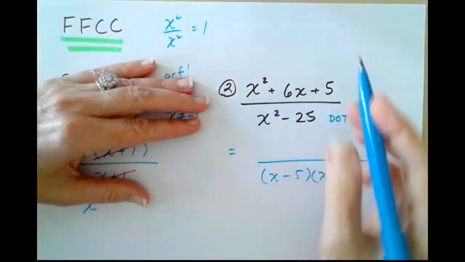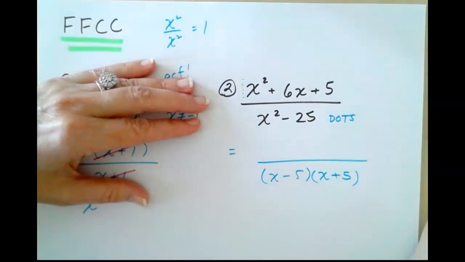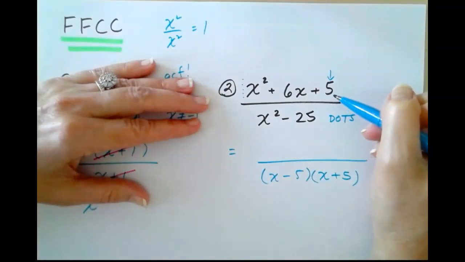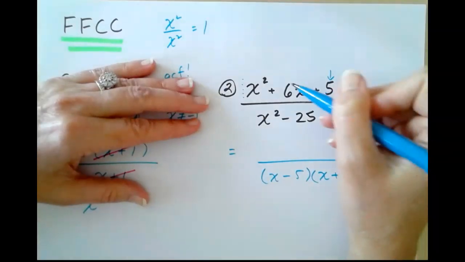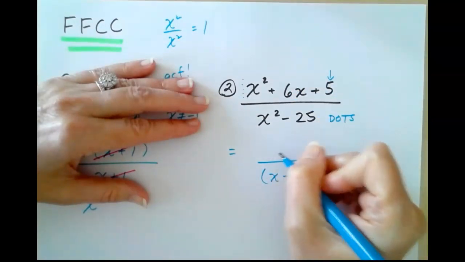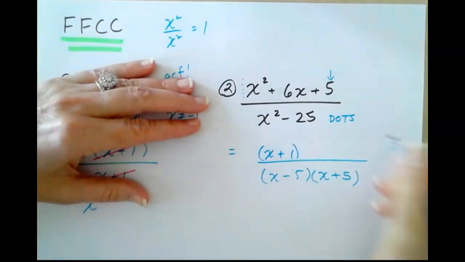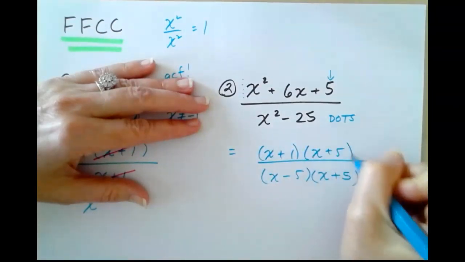The numerator, very nicely, has a 1 up front. When there's a 1 up front, just look at that last term. What are factors of positive 5 that add up to positive 6? That is 5 plus 1. x plus 1, x plus 5.